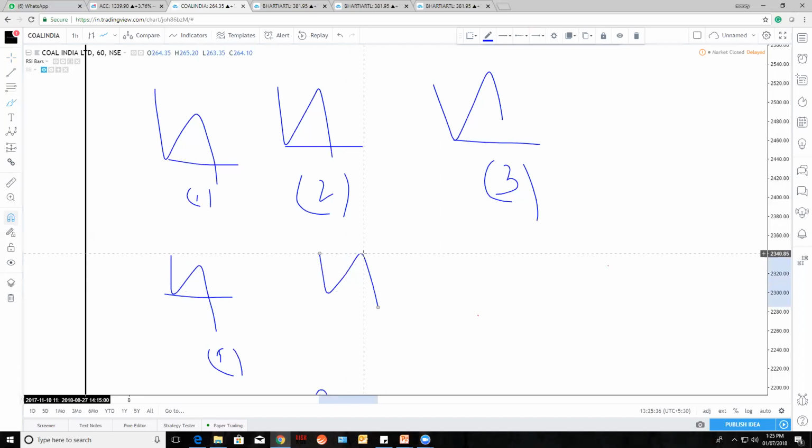So that is the reason it will go to 100% and may not go more. It may go a little less or just near the area of A. This is the second possibility.